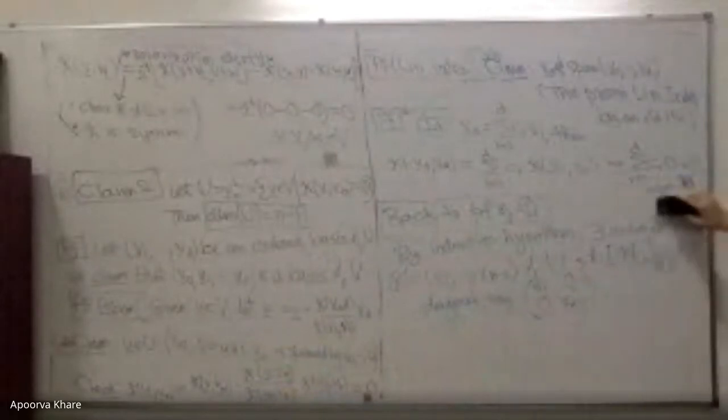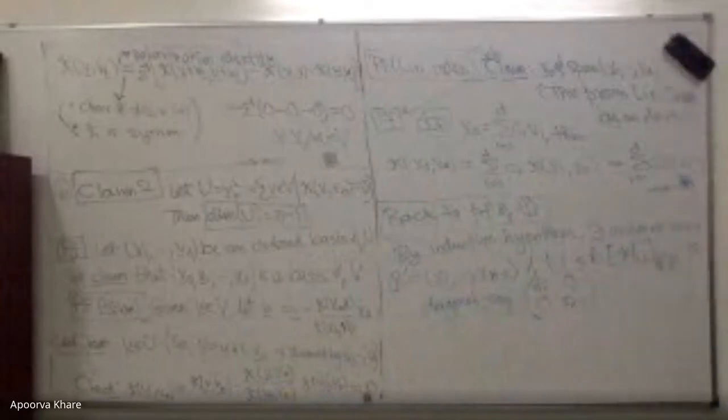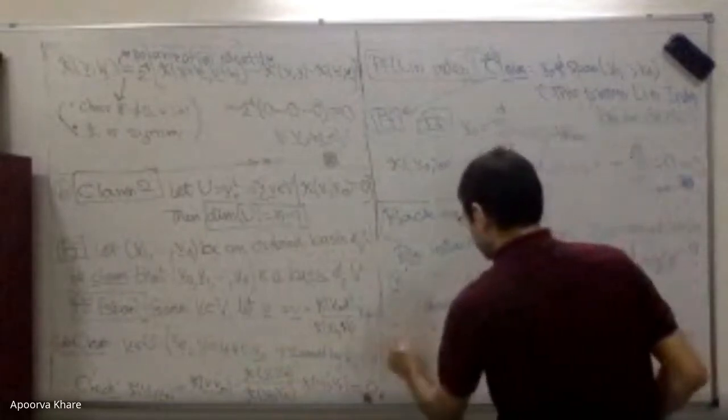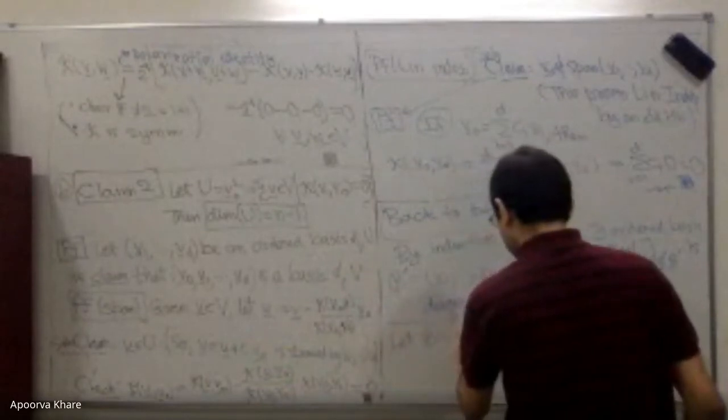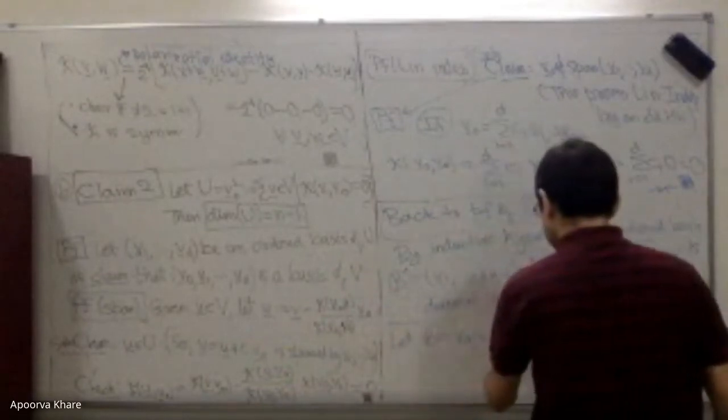Now add the V0. So where do I want to add the V0? I can add it in the beginning as usual. Let B be V0, and then V1, up to Vn minus 1.